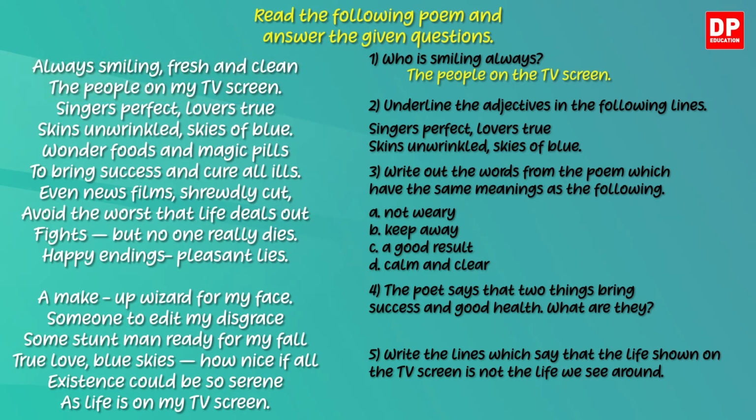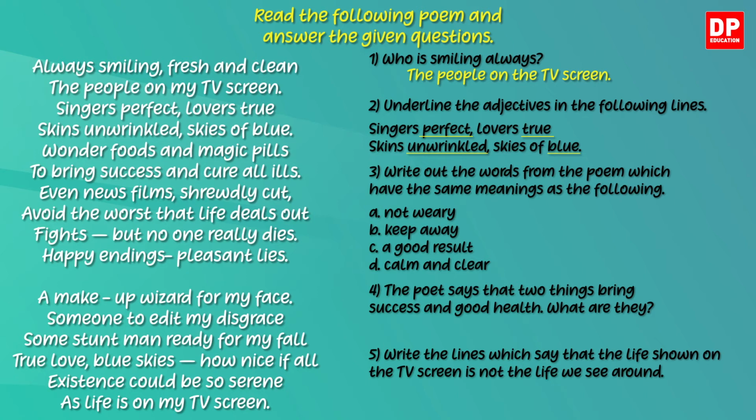Now the second one. Underline the adjectives in the lines given. Singers perfect, lovers true. Skins unwrinkled, skies of blue. Can you identify the adjectives? They are perfect, true, unwrinkled and blue. Each adjective describes a noun.